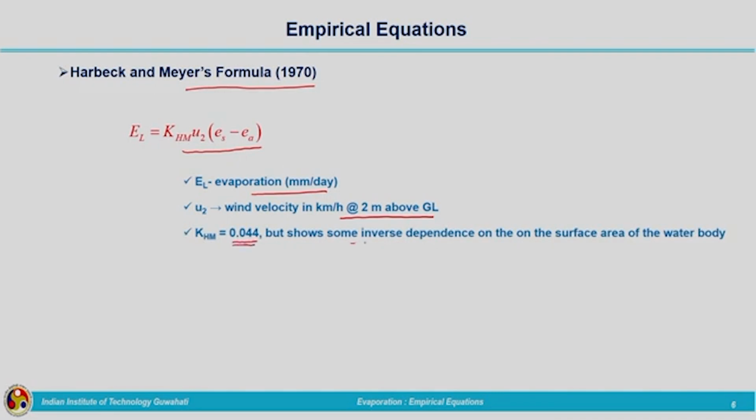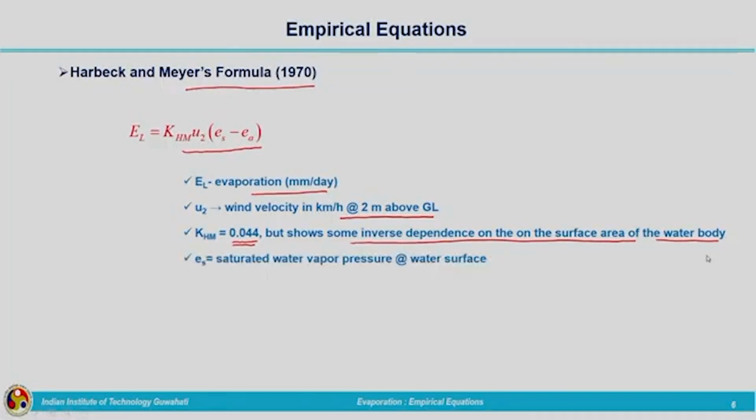0.044, which shows some inverse dependence on the surface area of the water body. So, we have seen in Mayer's formula what are the values corresponding to different types of water bodies. Here in this Habeck and Mayer's formula, there is a slight modification in that particular value, that is considered as 0.044. And ES is the saturation vapor pressure at the water surface, that we know already.